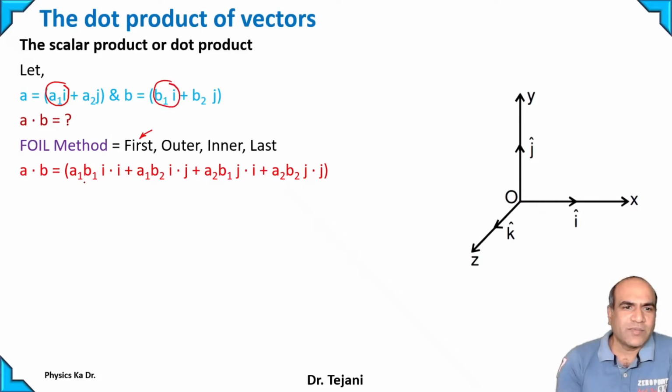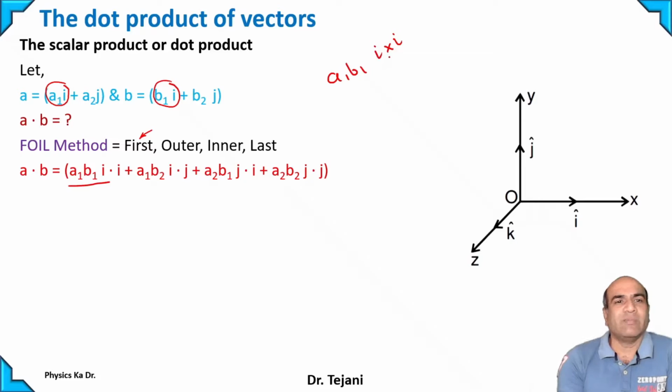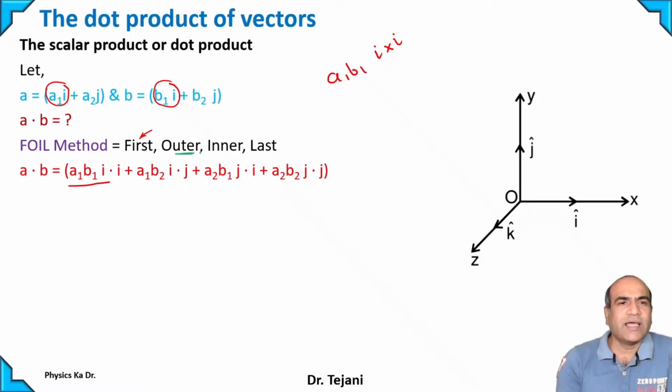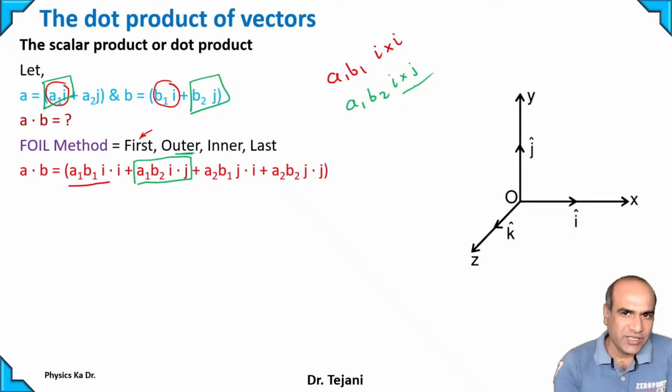So that gives us A1 B1, I multiplied by I. Then outer, this is outer and that is outer. So what does it give? A1 B2, I multiplied by J. Just to avoid confusion with cross, we put a dot here.